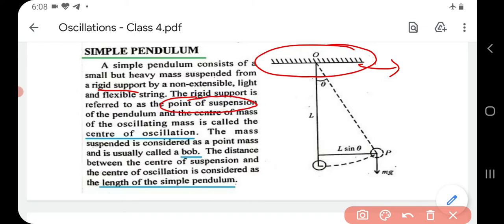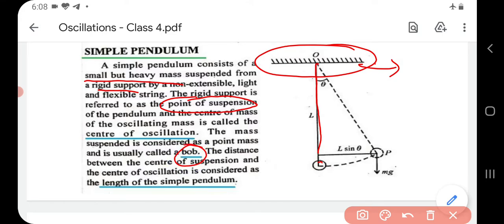From that rigid support you have a non-extensible, light and flexible string, and at the end of the string you have a small but heavy mass. That small but heavy mass is called the bob.